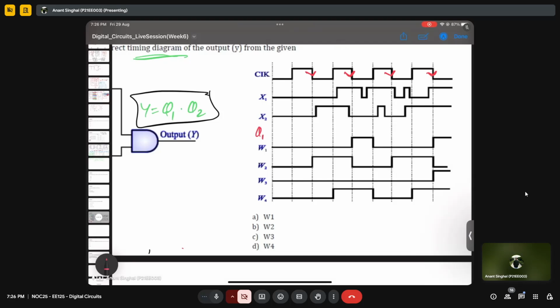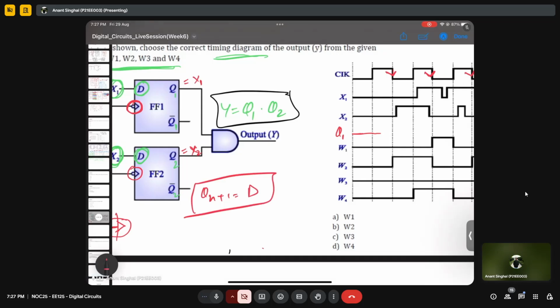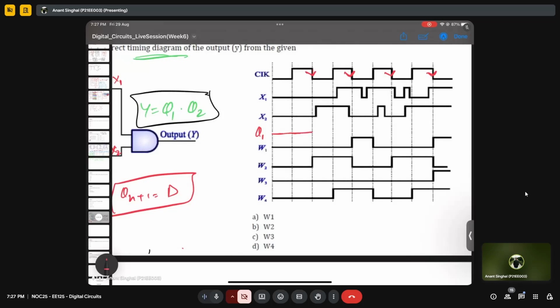If I start with 0, the first change that will happen is here. Because it is a D flip flop, Q1 is X1 only and Q2 is X2, right? Is it clear? Because Qn plus 1 is D only. At the first trigger, X1 is 0, so it will remain 0 till the next trigger.